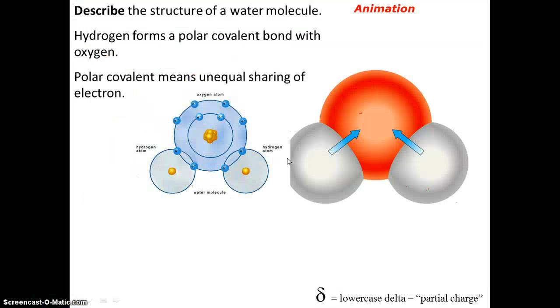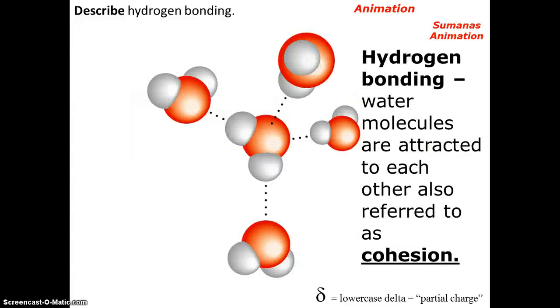Okay. So water is polar due to unequal sharing of electrons, and this causes water molecules to have slight positive and negative charges. Because of these charges, you have what's called hydrogen bonding, which is the attraction of one hydrogen of one water molecule to an oxygen of another water molecule, and this is referred to as cohesion.